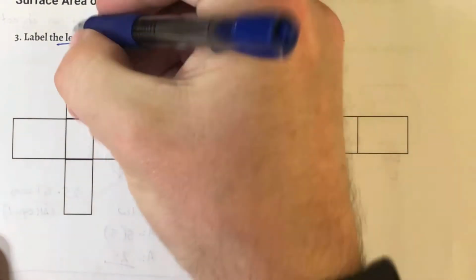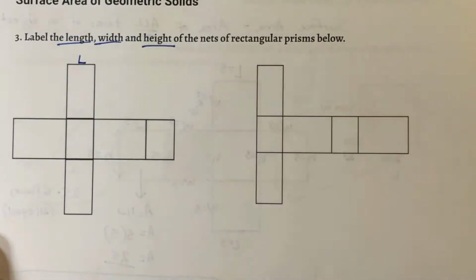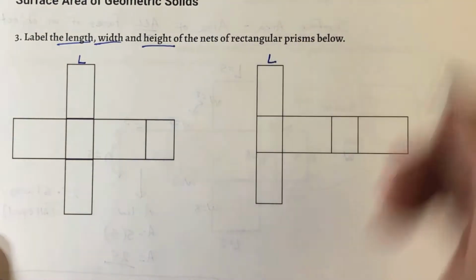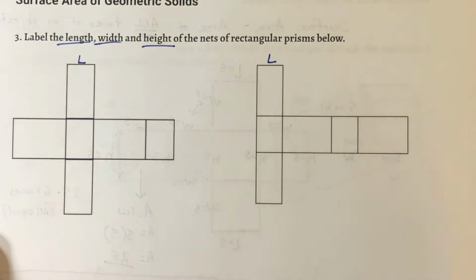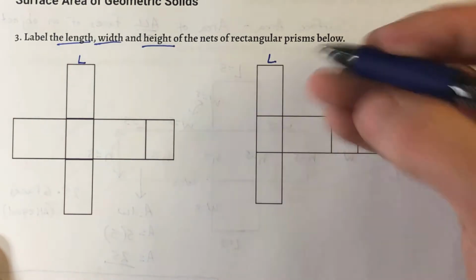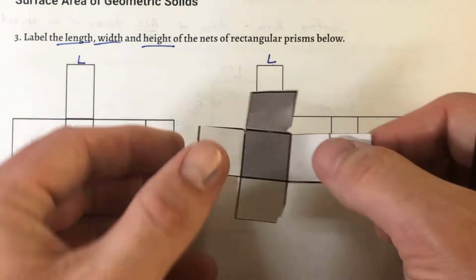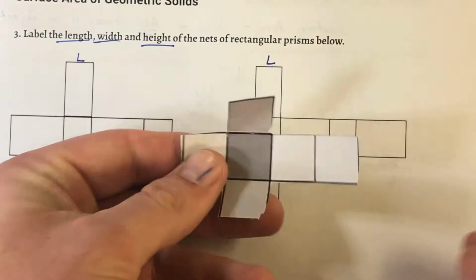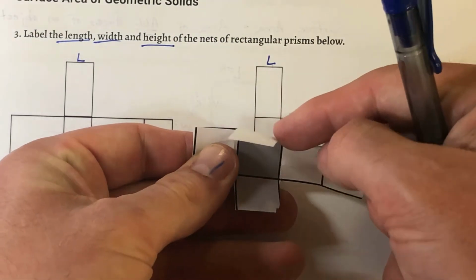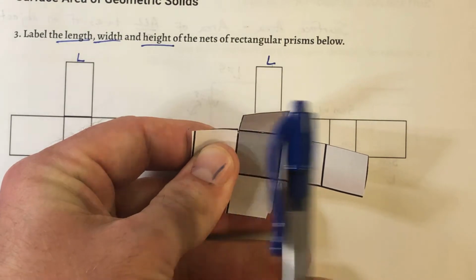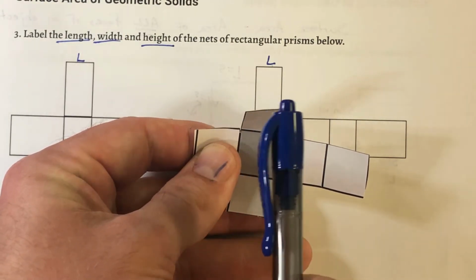So the one that juts up is always going to be your length. And it's always going to alternate with length, width. Because this one's going to wrap down, even though this is not a rectangular prism net, I'm going to use it as my example. This one's going to come downwards, and this distance left to right is your length.